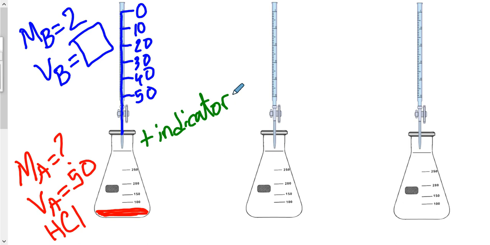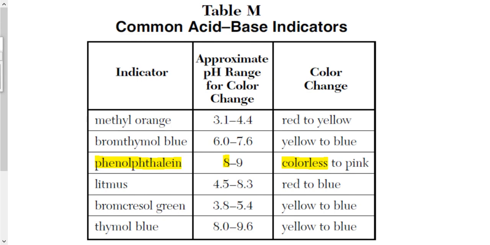So if you look at reference table M, you have a bunch of indicators given, and one of the indicators that is commonly used is phenolphthalein, right? Which is colorless. So phenolphthalein is colorless in an acidic solution, meaning any solution that has a pH 8 or below, right?